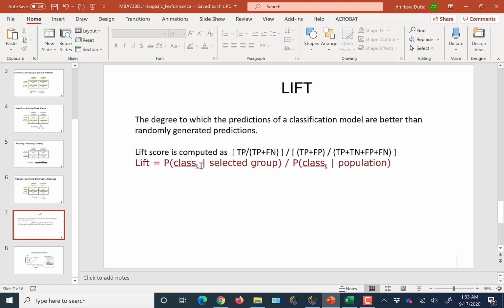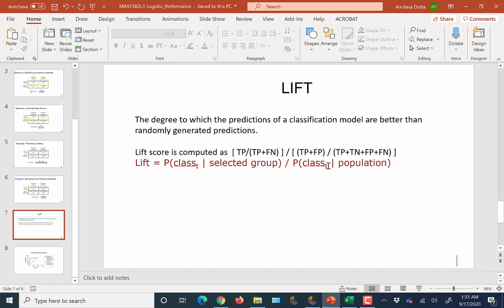So the numerator is what is the likelihood that the model will classify an individual as being in the target group, in our case CHT, given that the individual is actually a CHT person. That's the numerator. And the denominator is what's the likelihood that the model will classify an individual as CHT if that individual is randomly drawn from the population at large.